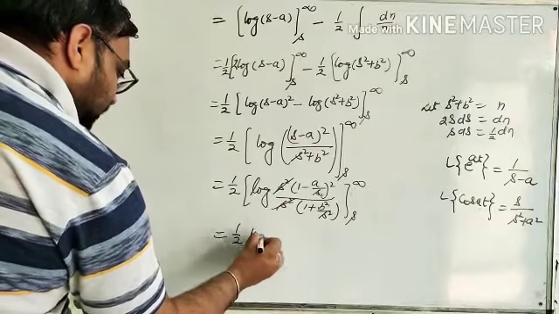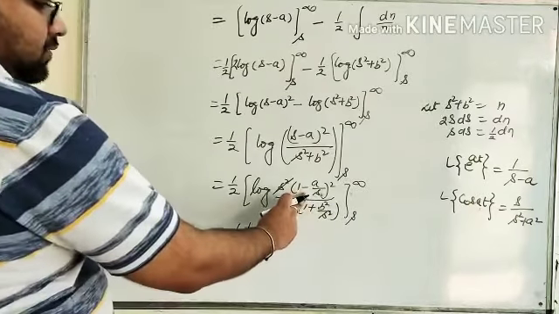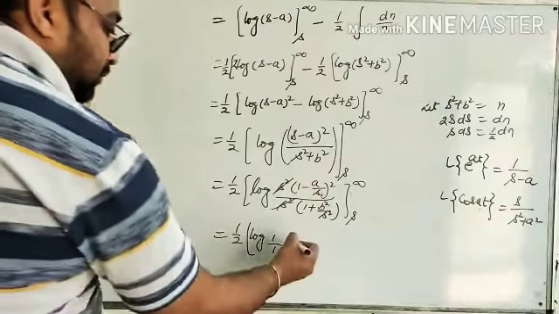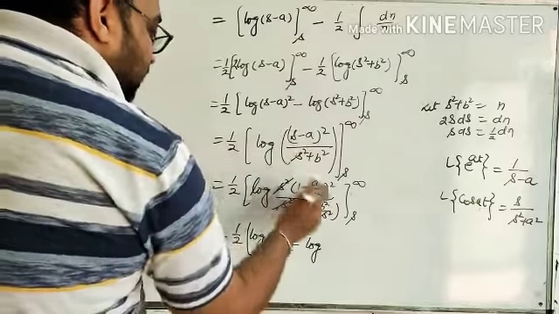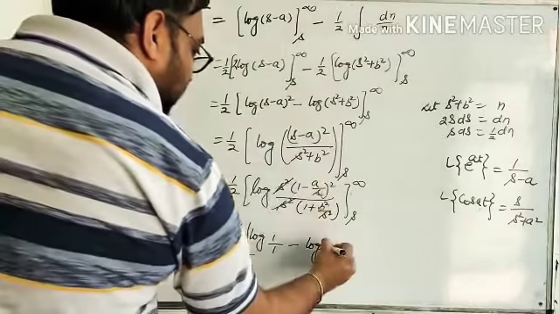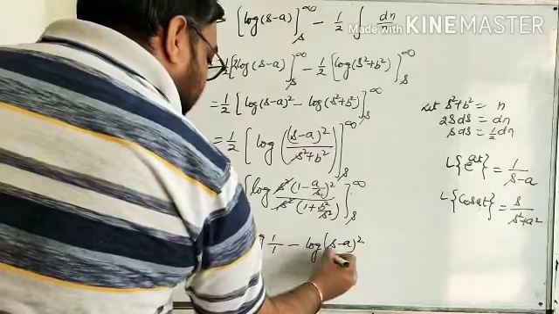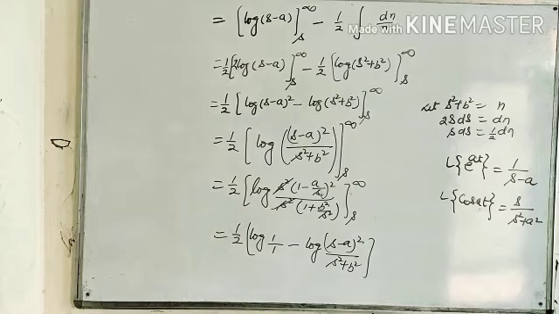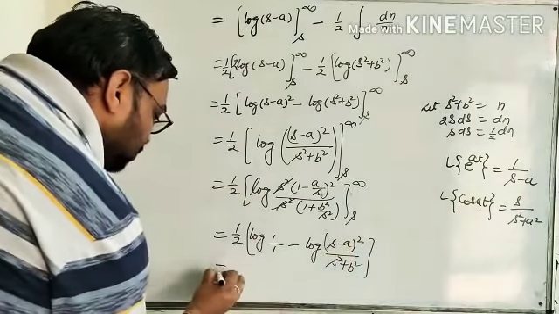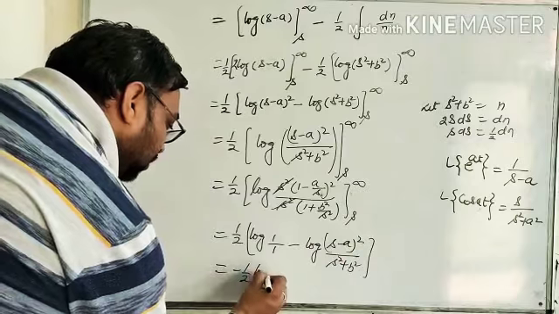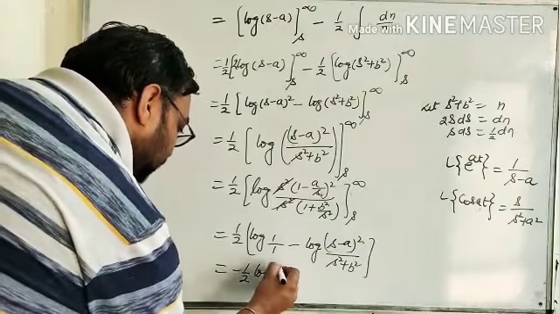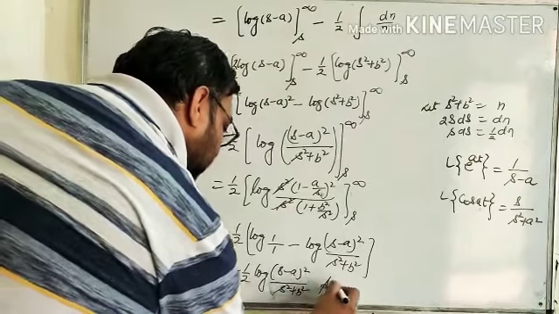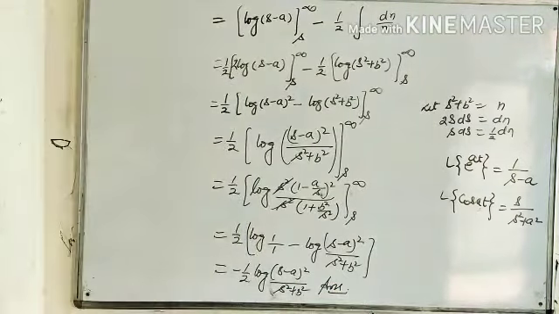When we put s equals infinity, this will convert into 0, so log 1 upon 1, minus log of the function that remains as it is, that is, (s minus a) square upon s square plus b square. And what is the value of log 1? Log 1 is always 0. So, minus 1 upon 2 log of (s minus a) whole square upon s square plus b square is the right answer for this problem.